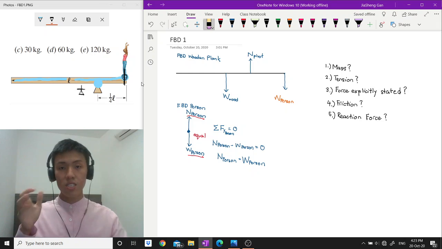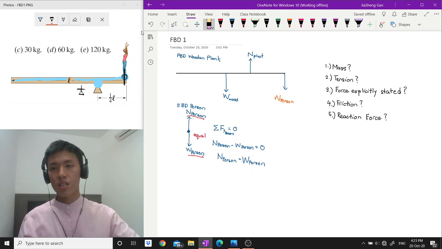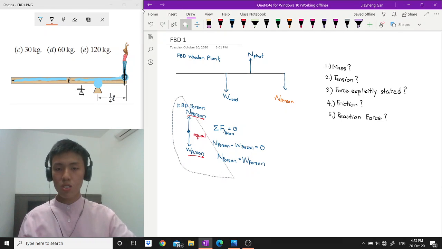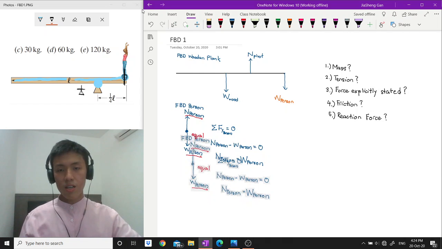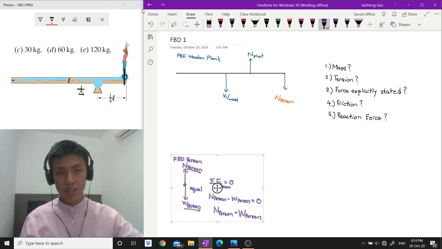Now, because this is chapter 8, you're talking about rigid body, the position where you apply the force is important as well. That's why you need to label the distance of the forces. To label the distance of the forces, what we usually do is identify the pivot. In this case, we can think that the pivot is here.